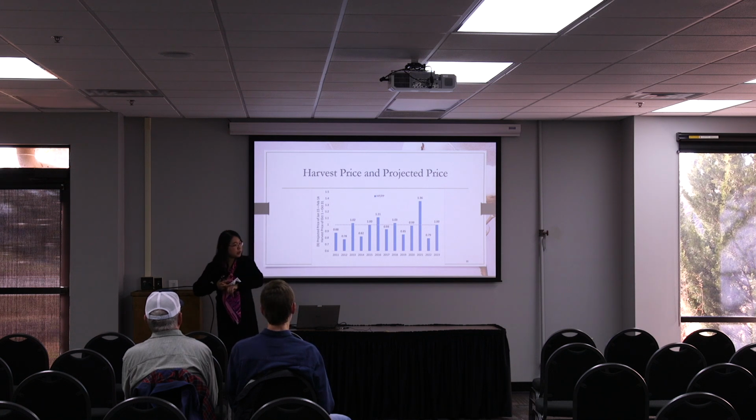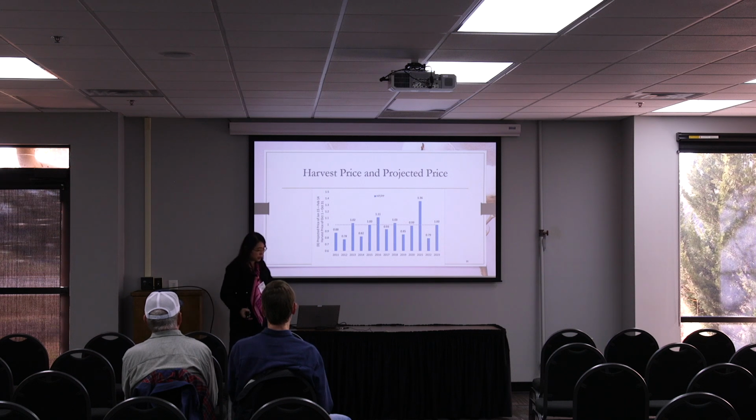That gives producers some idea in looking at crop insurance, because both revenue protection as well as STAX give the opportunity of harvest price exclusion. Those policies are usually a little bit cheaper than the ones without. So that is the graph I wanted to show here.